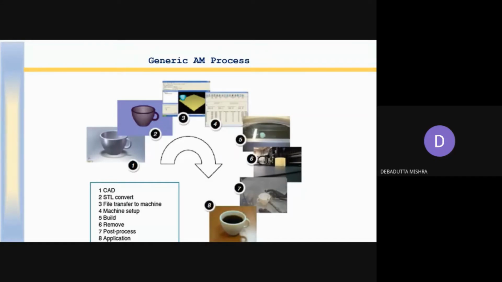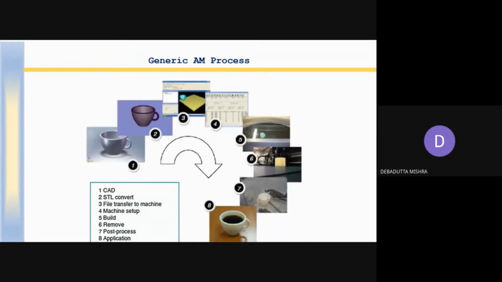Then you transfer it to the machine, set the desired parameters, and build the material. After building, you go for removal and post processing of the supports that are attached to the part. Then after post processing, it can be used.